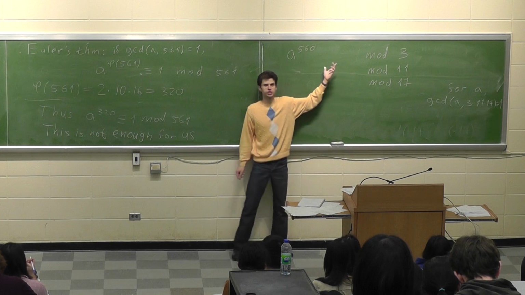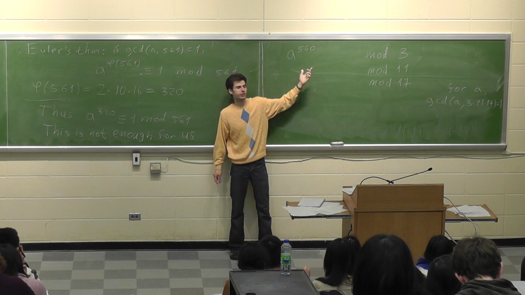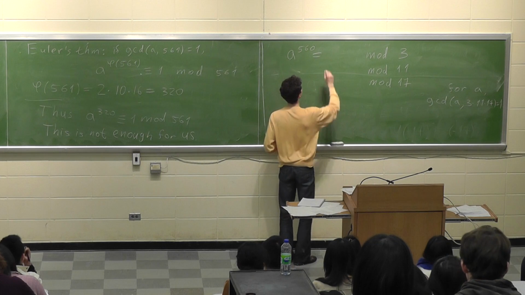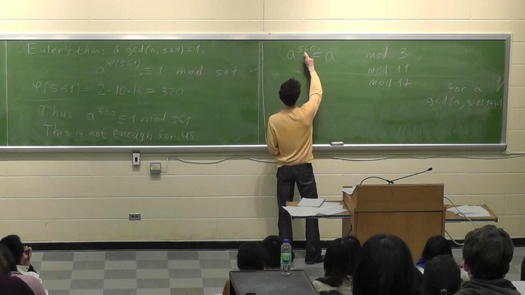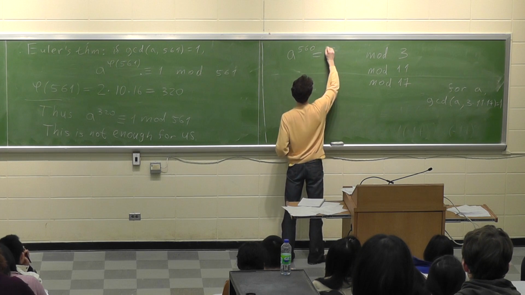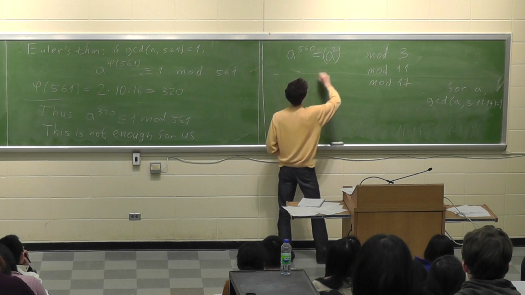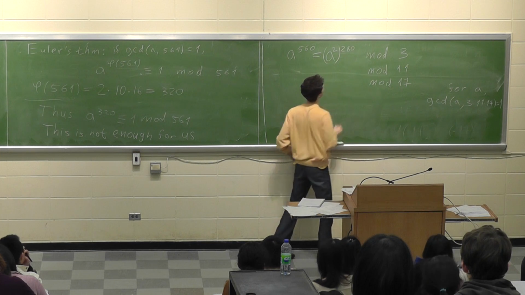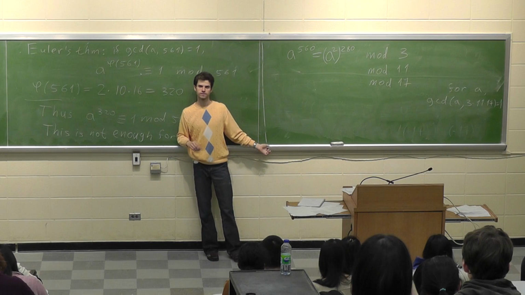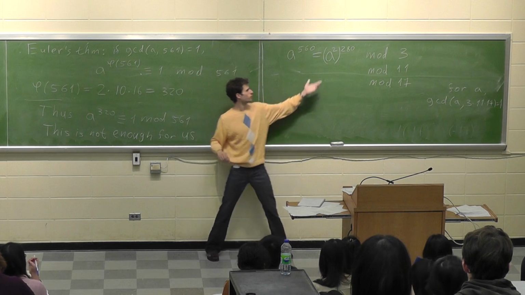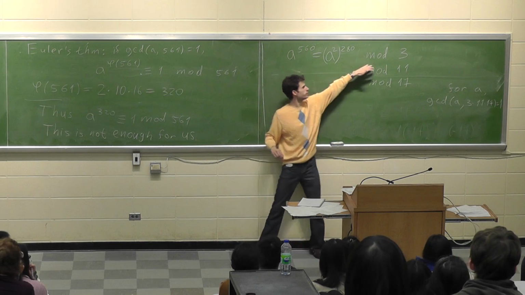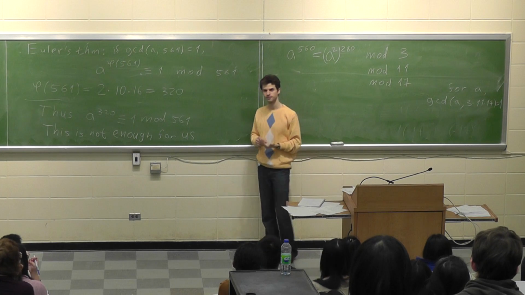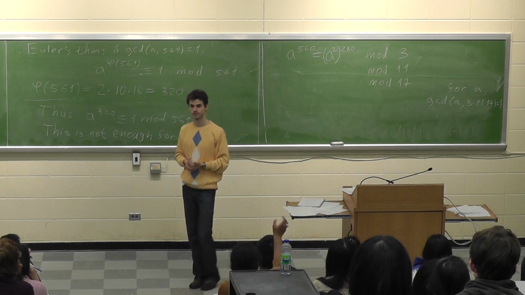Well, that's much easier. Why is it easier? Here, I can write a to the power 560 as a squared to the power 280. Does anyone see now why this is equal to 1 modulo 3? A square can.